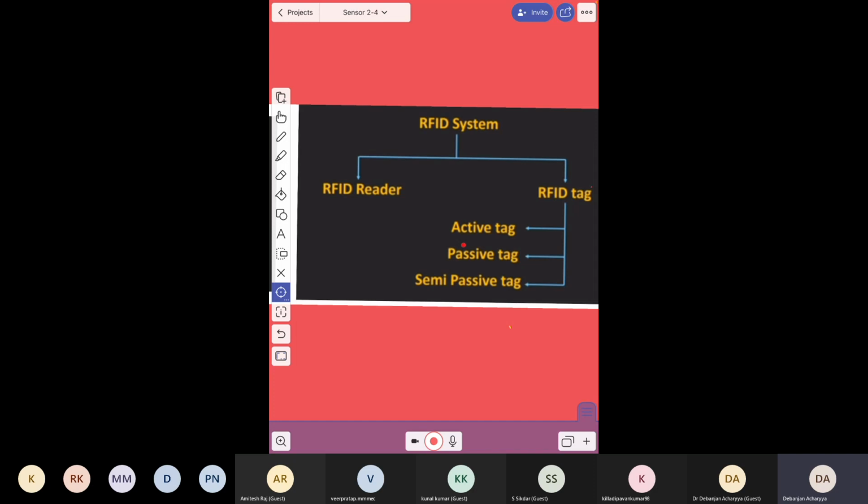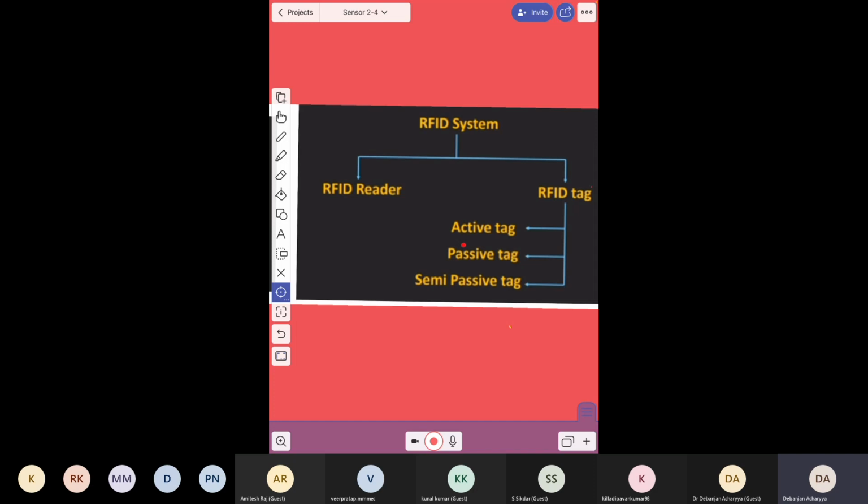If you go to Reliance Trends or any other larger kind of shopping mall selling clothes, what they have is an RFID tag.